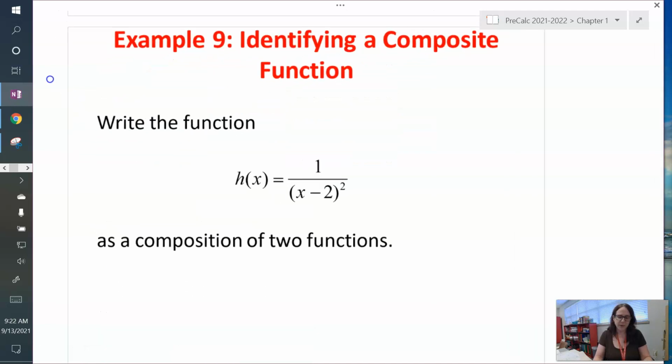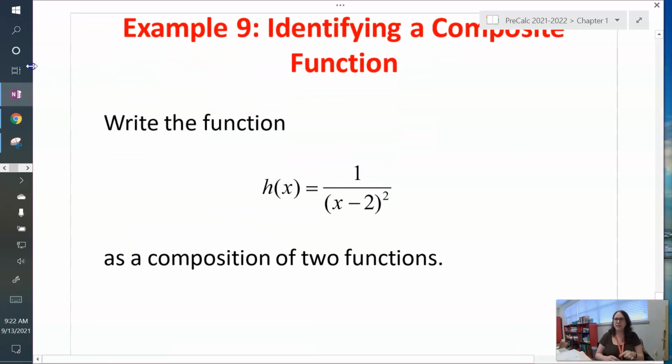Now the last thing we're going to do is identify a composite function. So now we're going the other way. We're going to start with the f∘g or the g∘f, and we're going to figure out f and g. So look at h of x. We've got 1 over (x minus 2) squared. And we're going to write this as a composite of two functions. The first thing I see is an x minus 2, which is being squared, and it's in the denominator.